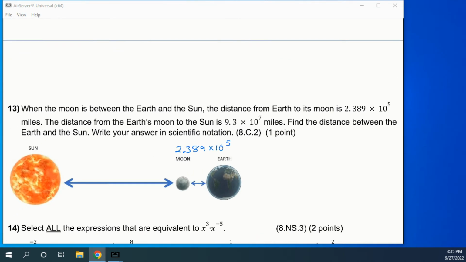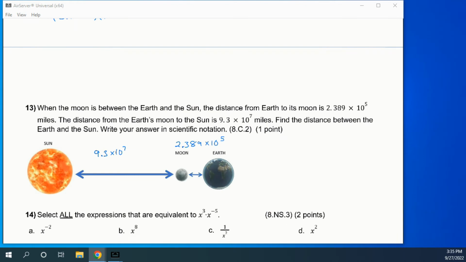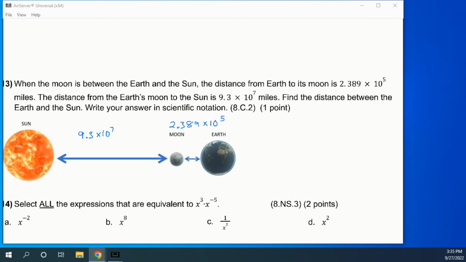The distance from the Earth's moon to the sun is 9.3 times 10 to the seventh. So 9.3 times 10 to the seventh. Find the distance between the Earth and the sun. So what we are looking for is this right here.